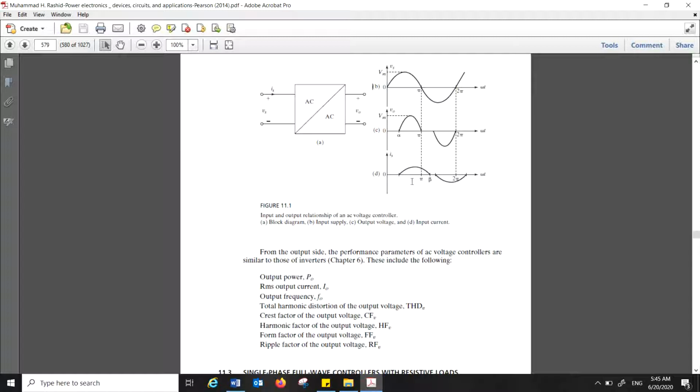However, in the case of the source current, it is a little bit delayed. The reason is that when you are using these devices with a highly inductive load, the inductor has an inherent property: it doesn't allow the current to change across it abruptly.